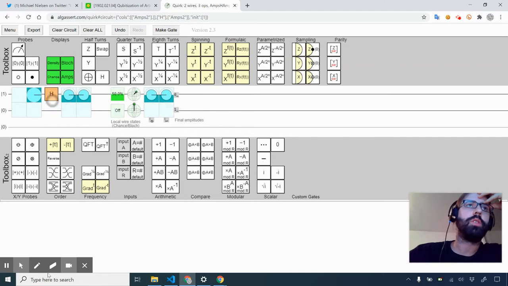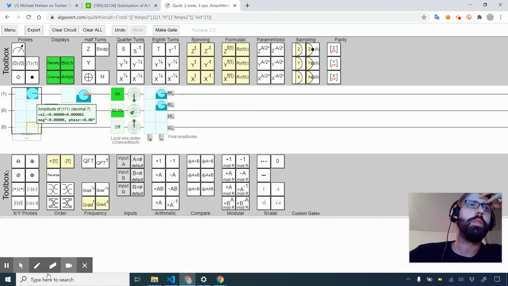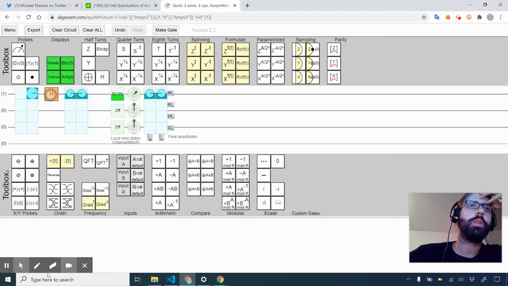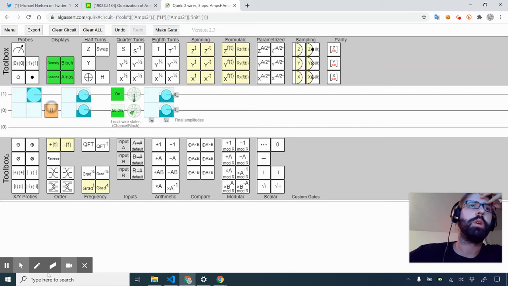If I just choose a portion, and I'm not even thinking about a 3-qubit system, because that is okay. Let's stick to 2 qubits for the moment.